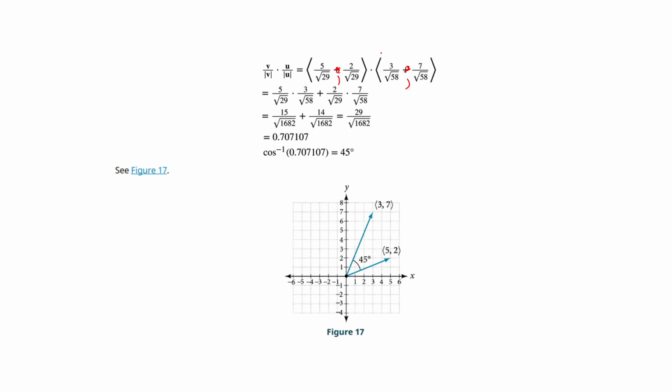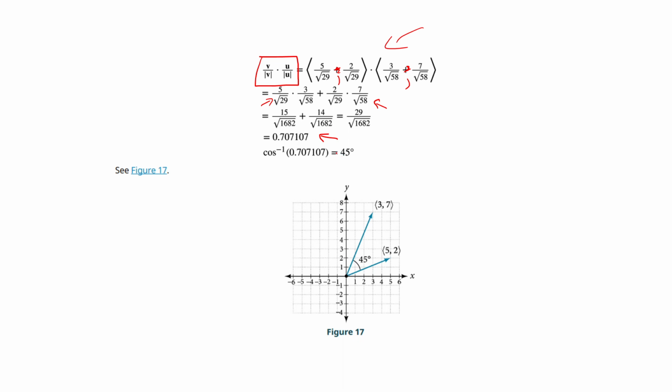So now we're going to take a dot product between these guys. For their dot product, multiply the x portions, multiply the y portions, and then add up the answers that you get. These are some pretty crazy numbers here, but you'll get this if you use a calculator.